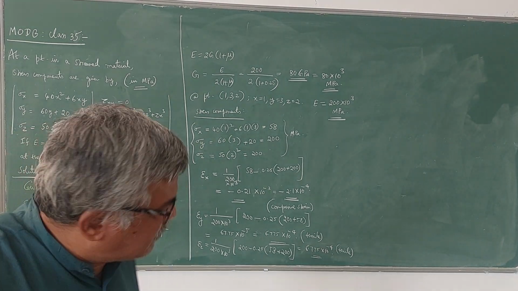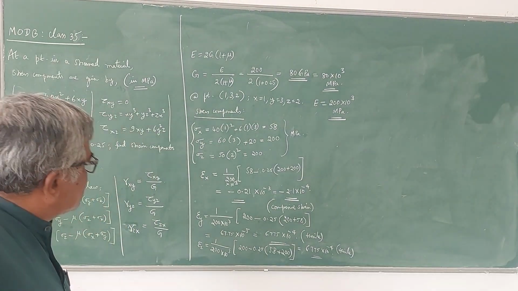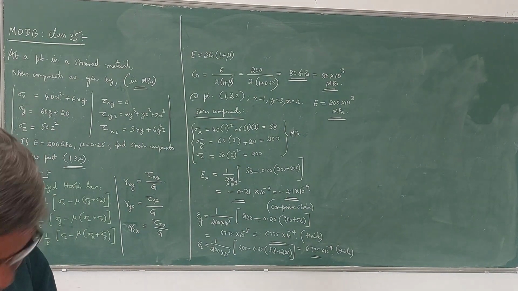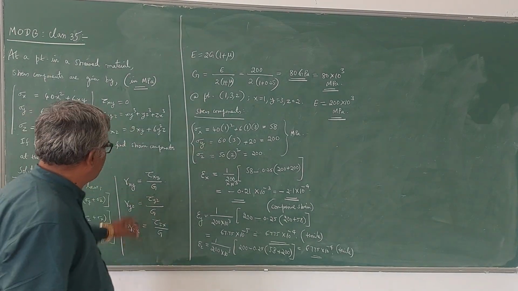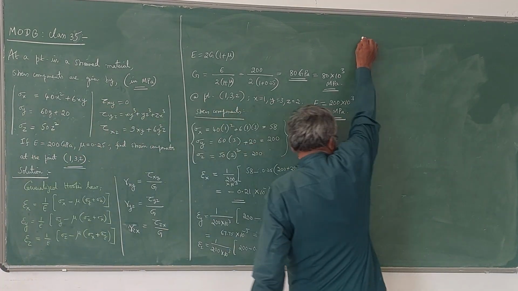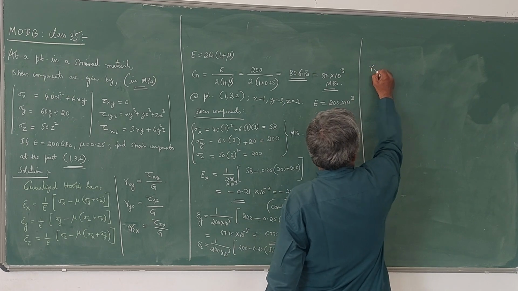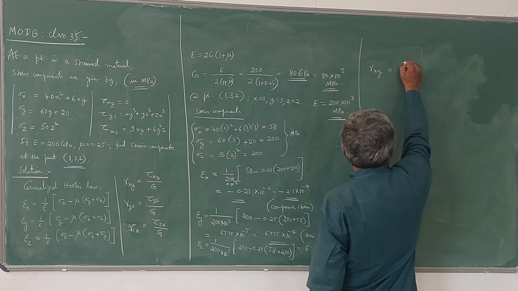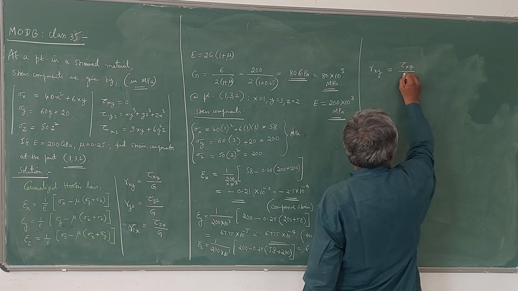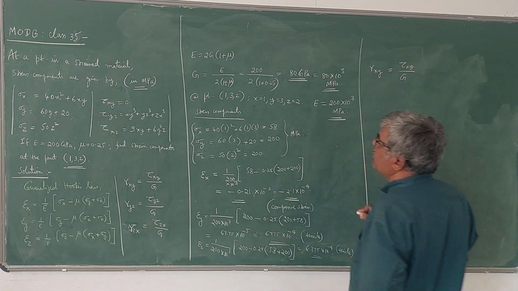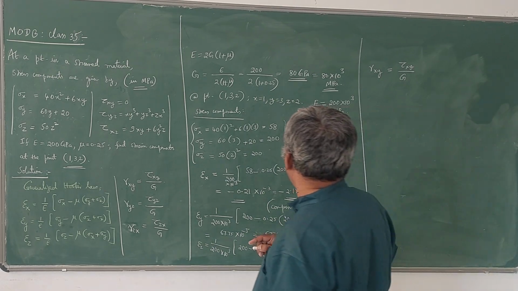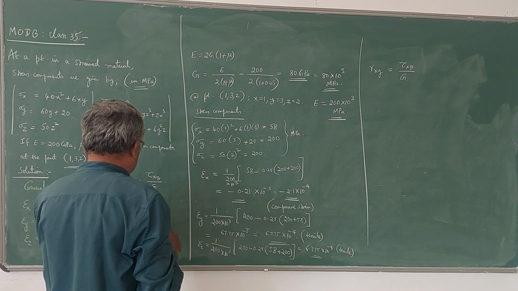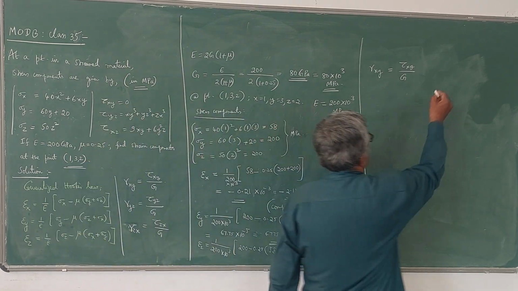Now after this, what we have to do is find out the shear strains also. Of course, shear strain is obtained using this formula. So gamma xy, the shear strain, is tau xy by G. Now what we have to do here is get the values of tau xy, tau yz and tau zx at the same point.